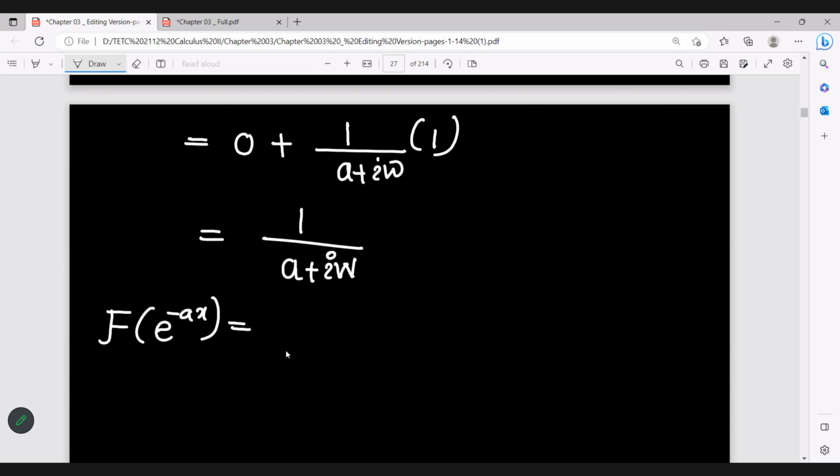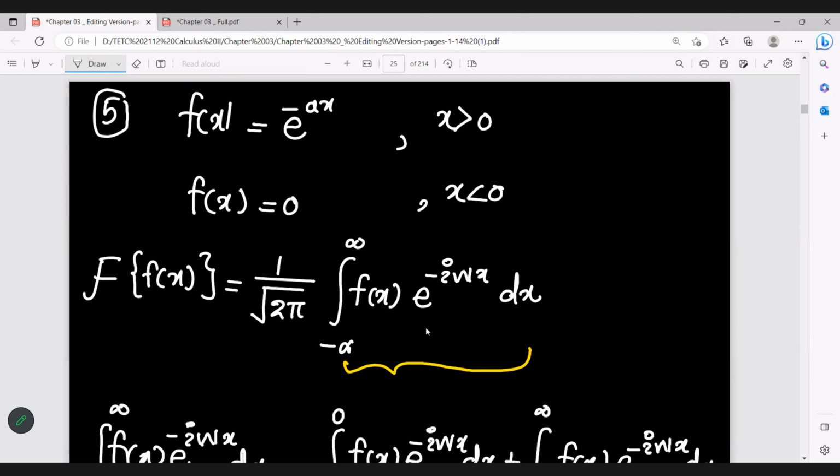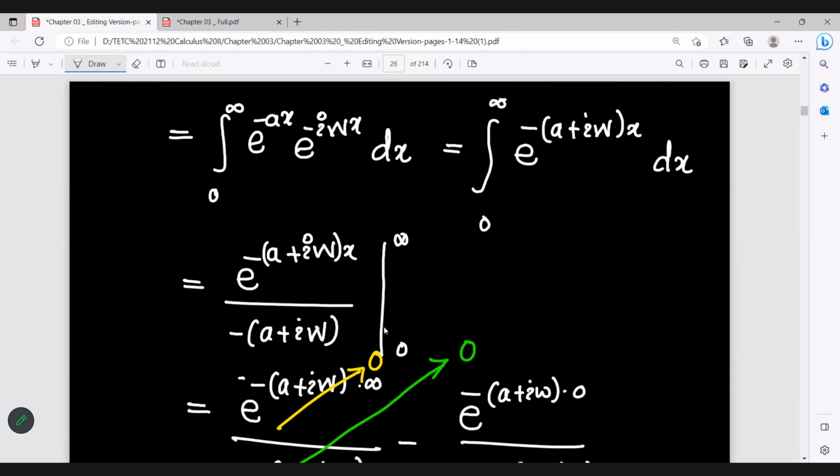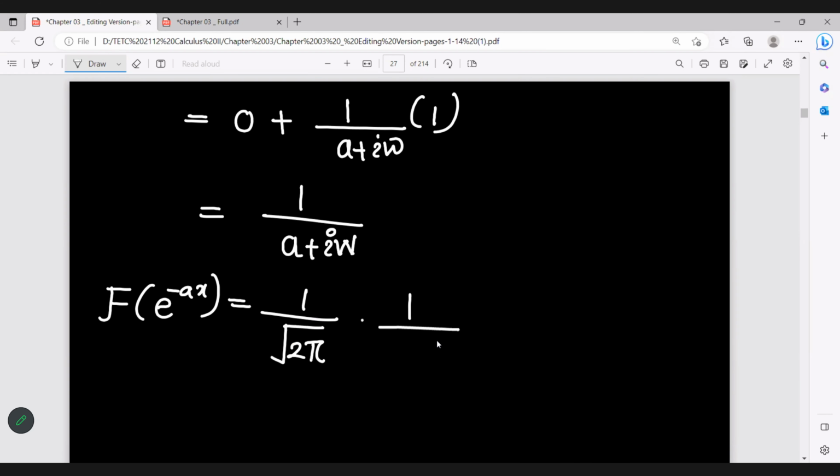So we need to multiply this by 1 over square root of 2 pi, because earlier we only considered the integration part. So your answer should be 1 over square root of 2 pi times 1 over a plus iw.